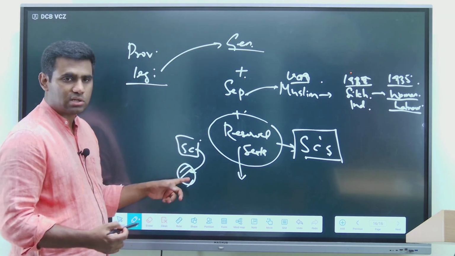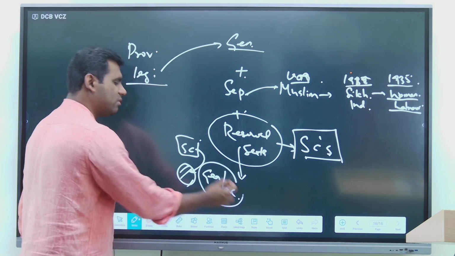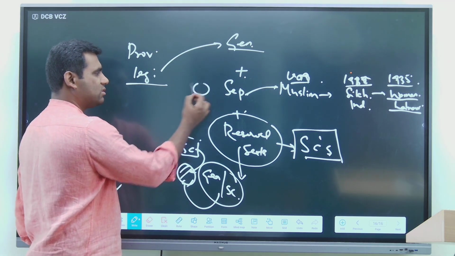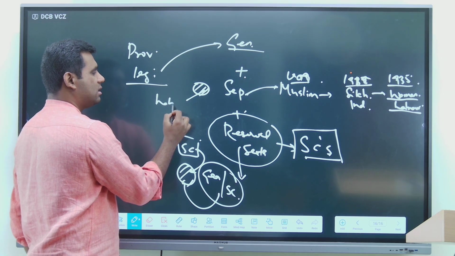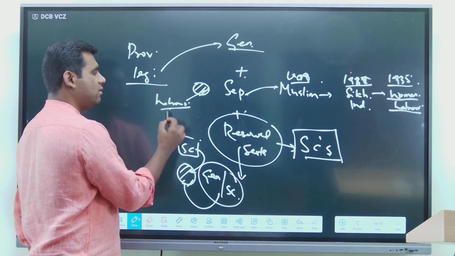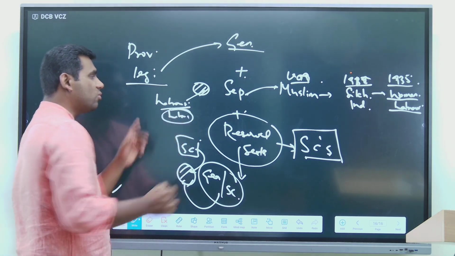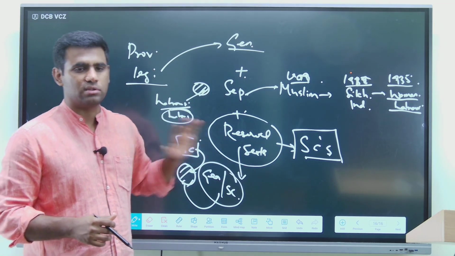But when he contests elections, members from both the general as well as the SC community, all of them will vote in this election. Whereas when it comes to separate electorates, let's say this is a constituency, and a member representing labor contests the election, only those who are registered as workers alone can vote, right? This is the difference between separate electorates and reserved seats.